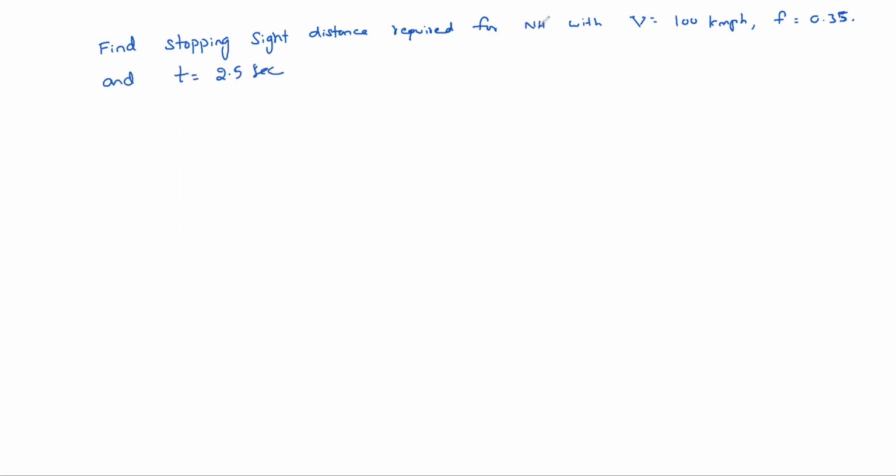Gradient is not given, so directly SSD equals Vt plus V square by 2gf. V is 100 kmph, that means 100 by 3.6 times 2.5 seconds, plus V square, that is again 100 by 3.6 whole square, by 2, g value 9.81, f 0.35.